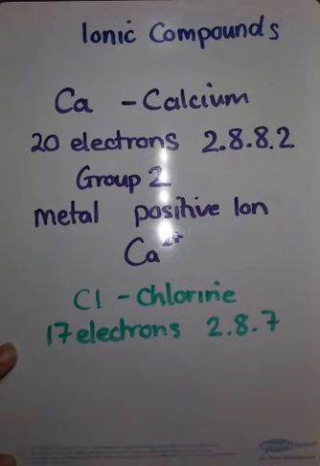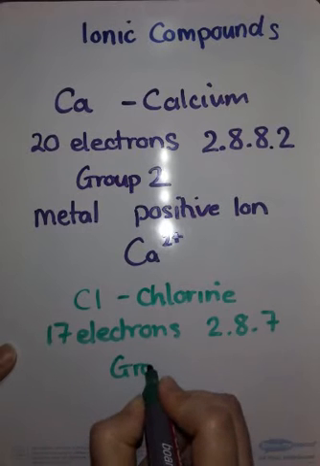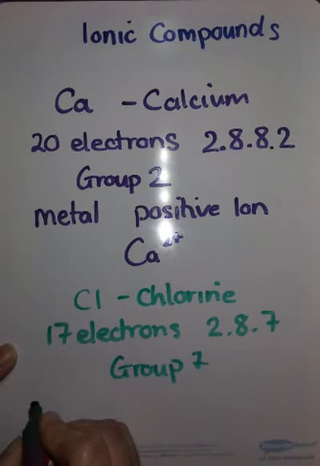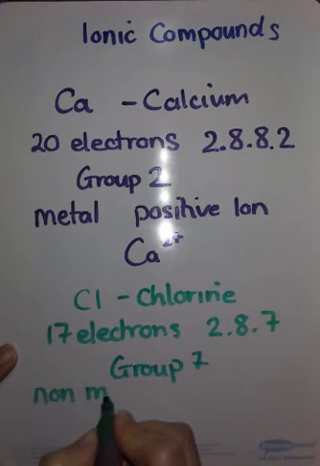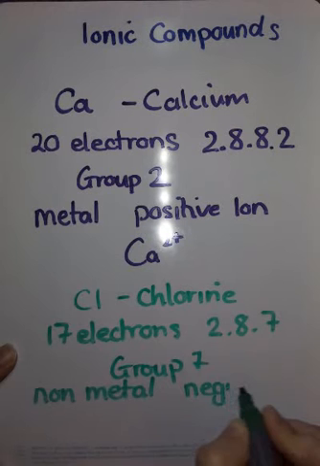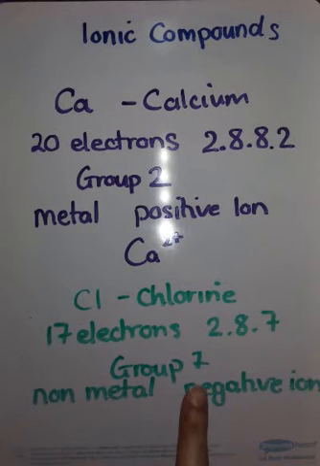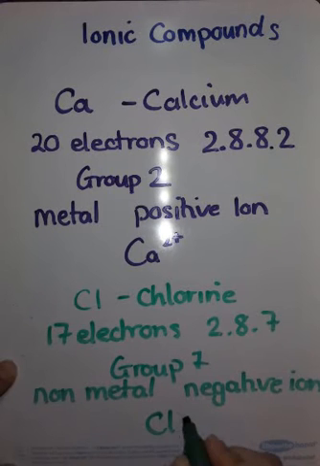If we have a look at where it is in the periodic table, this one is in group 7. It's a non-metal, so it's going to be a negative ion. Now this is where you have to be careful, because it's not going to be 7 negative, but because it's the first group in from our inert gases, there's going to be a 1 negative charge. So this one will be Cl negative.